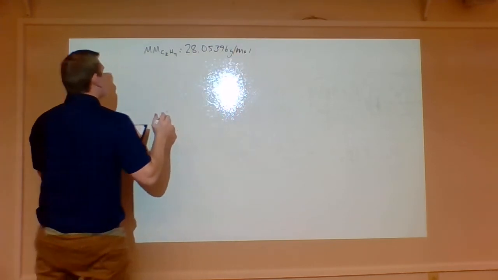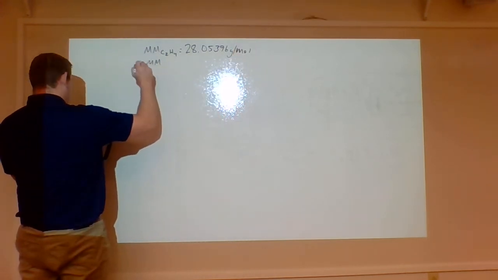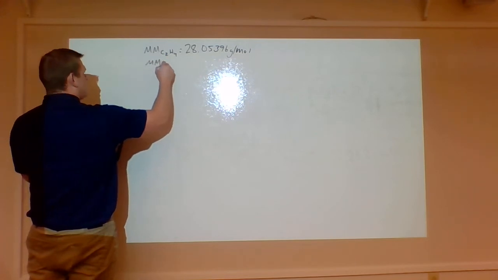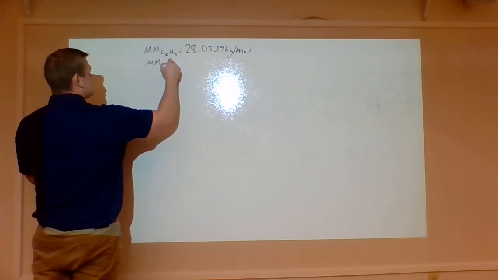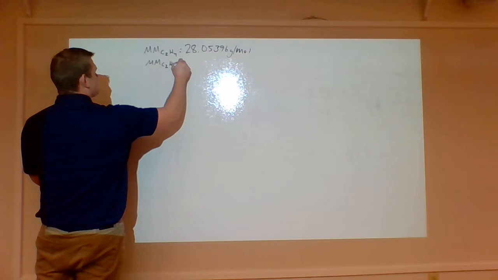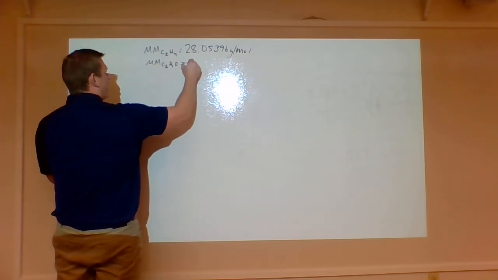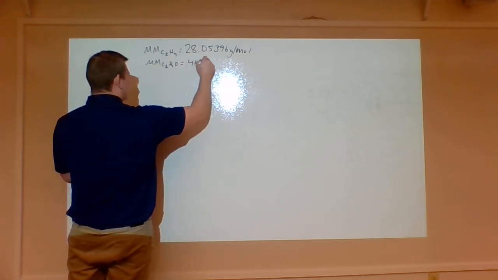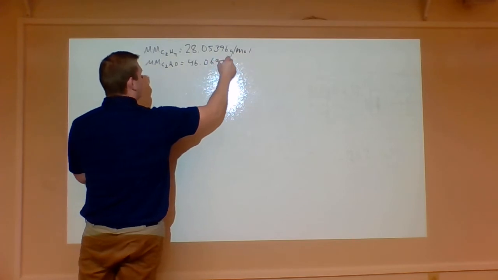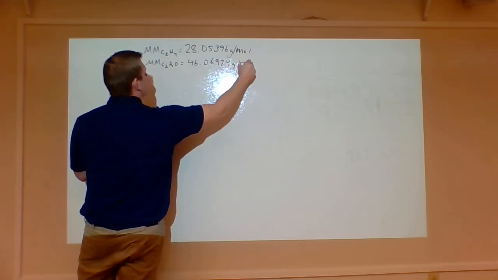And the molar mass that we're going to use for C2H6O is going to be equal to 46.06924 grams per mole.